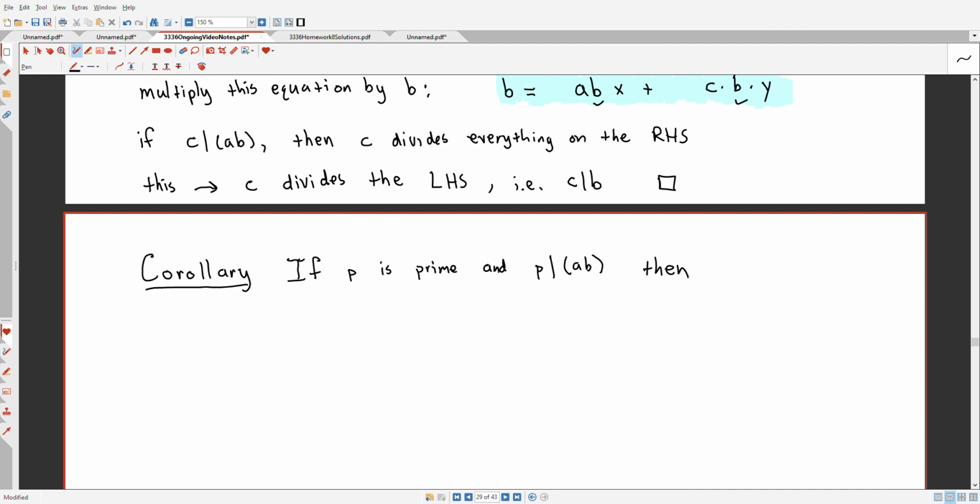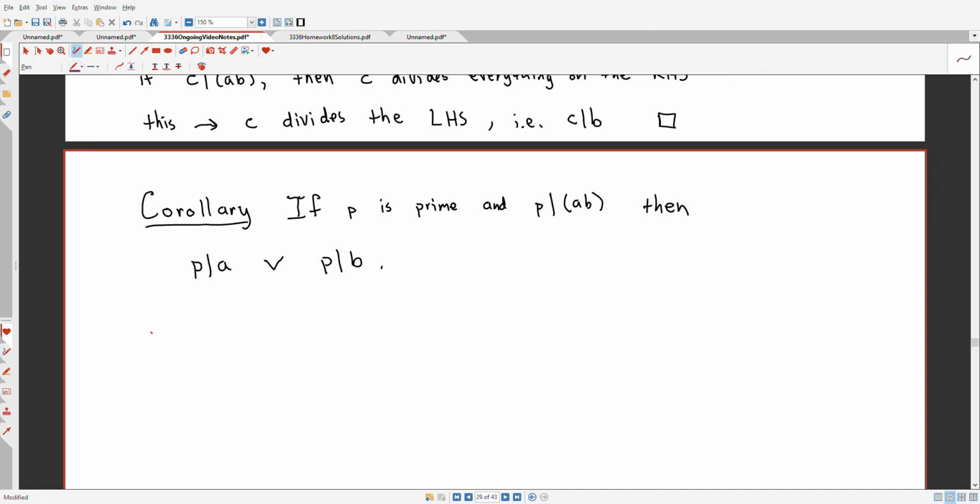But what this tells us, if you've joined us after pausing, this tells us either P divides A or P divides B. Right, so why is this the corollary? I'll just sketch why this follows from Euclid's lemma. Well, here's what we would say. If, let's say, P doesn't divide A, then it has to be that the GCD of A and P is 1, and that's since P is prime.